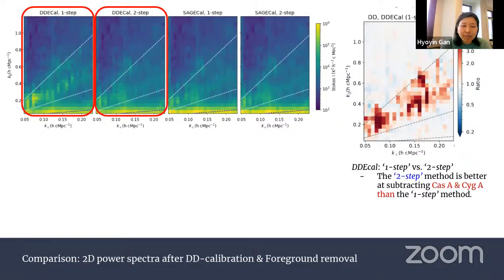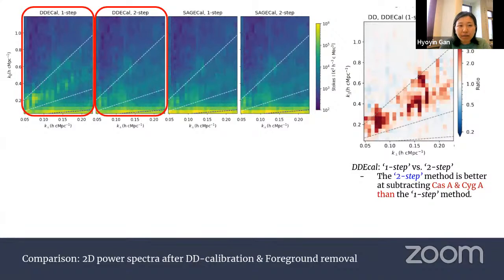And you can see in each power spectrum result, there are 3 dashed lines. From top to bottom, they indicate the horizon, the 90-degree delay line from the phase center, and 20 degrees. And on the bottom, it's the 5-degree delay line, which corresponds to the primary beam region.